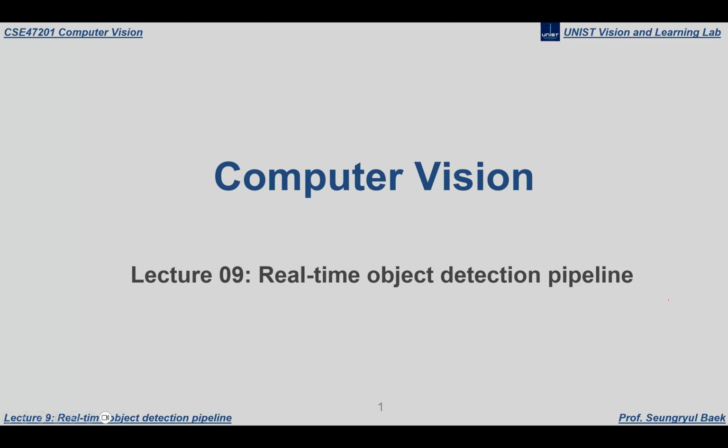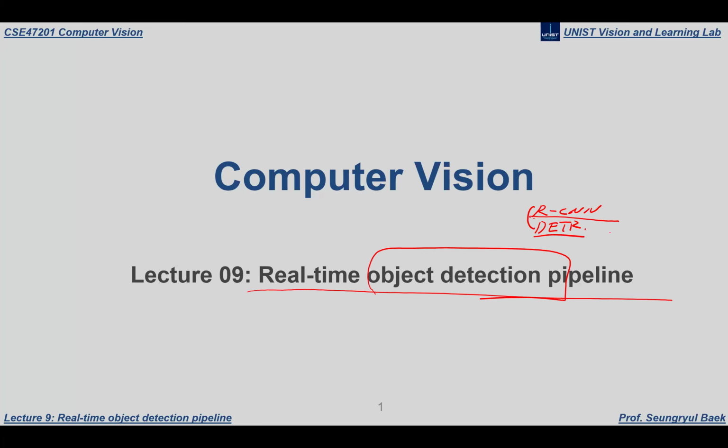So now we will learn about the real-time object detection pipeline. So far we learned about the object detection pipeline, which are the RCNN-style algorithms, and last time we learned about the detection transformer, DETR, which is the transformer-based approach.